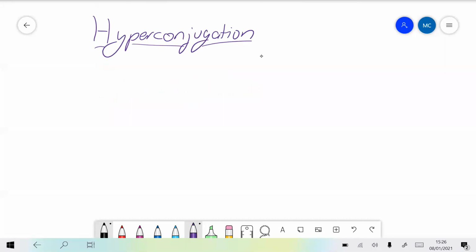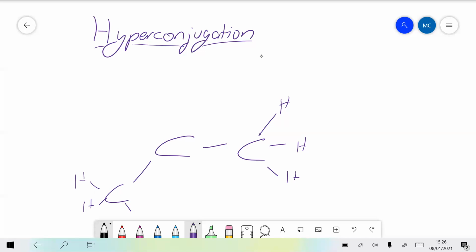But let's draw it like this. What is the hybridization of a carbocation?